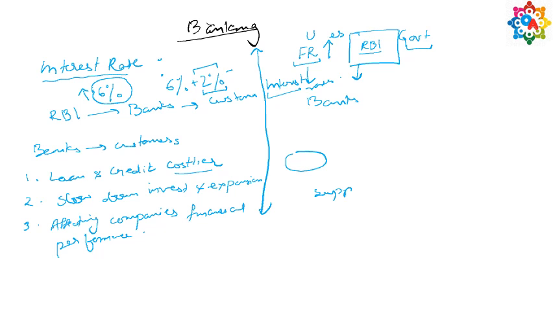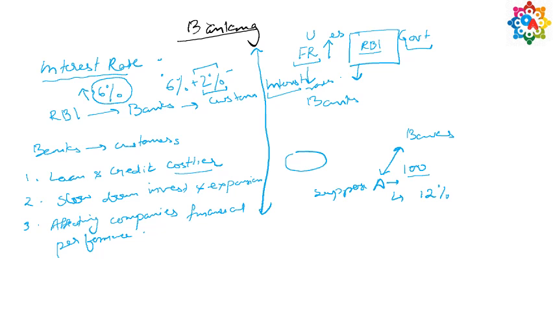Suppose I am company A and have borrowed money from the bank, suppose 100 rupees, and I have started my company and it is a profitable company. After a year, I am making a profit of suppose 12%.